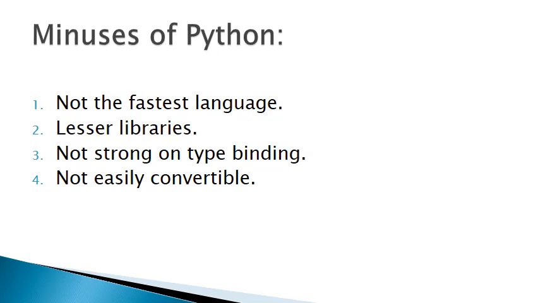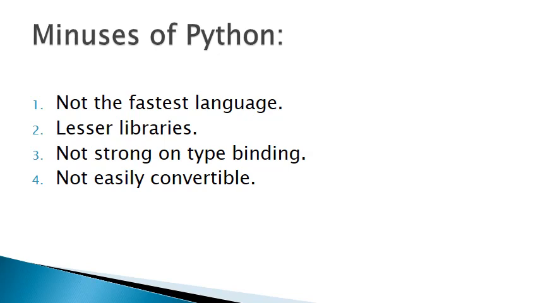Now, the minuses of Python. First, it is not the fastest language. As you know, programs written in Python are converted by using an interpreter, which converts programs line by line. So we can say that it is not the fastest language. Lesser libraries means Python has fewer libraries in comparison to other programming languages like C, C++, Java, PHP, and so on.